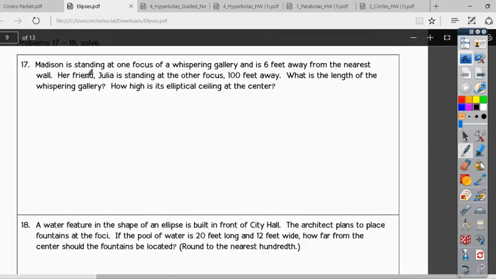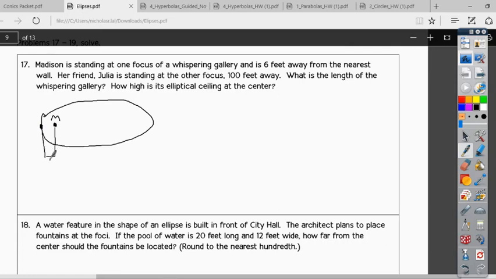All right, 17. Do this quickly. So they're 6 feet away from the nearest wall. Friend Julia is standing at the other focus 100 feet away. What is the length of the whispering gallery? How high is the ceiling at the center? So drawing the ellipse, you're at one focus. Let's say this is Madison. She's 6 feet away from the wall.